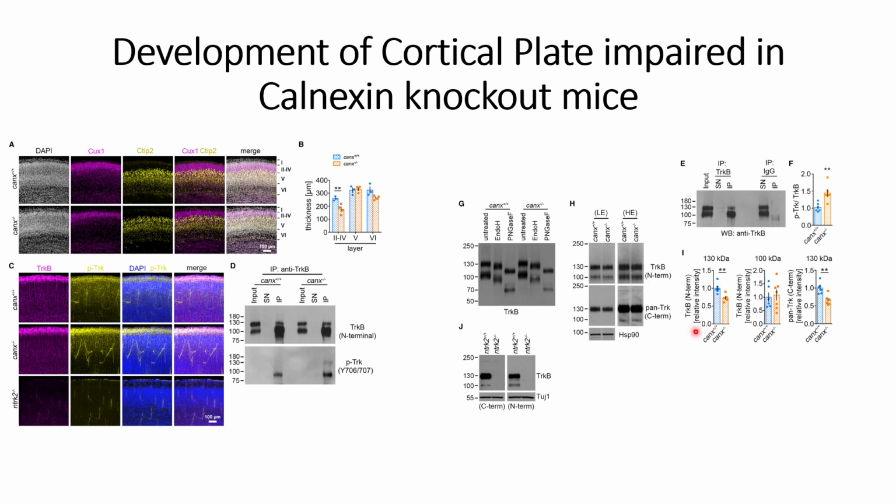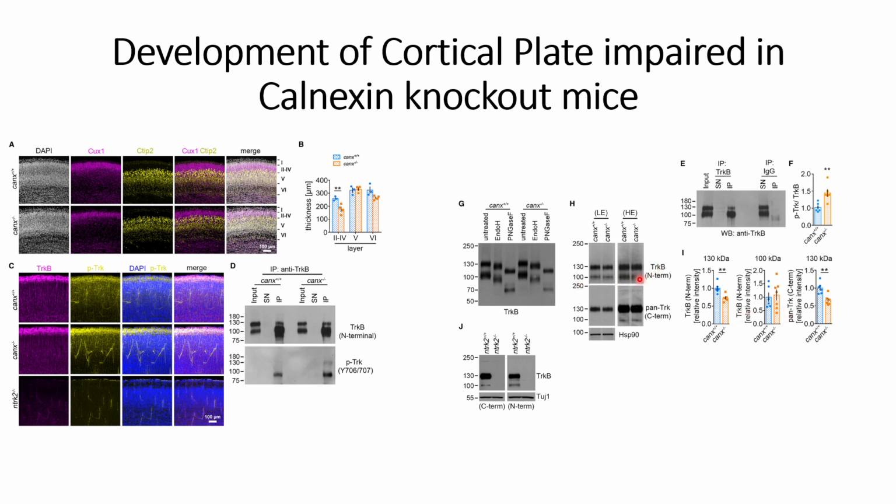And this is the quantitative analysis that they have done of these Western blots. For the N terminals at 130 kilodaltons, they can see some significant changes. However, for 100 kilodaltons, the TRKB N terminal, they can't see any significant changes.